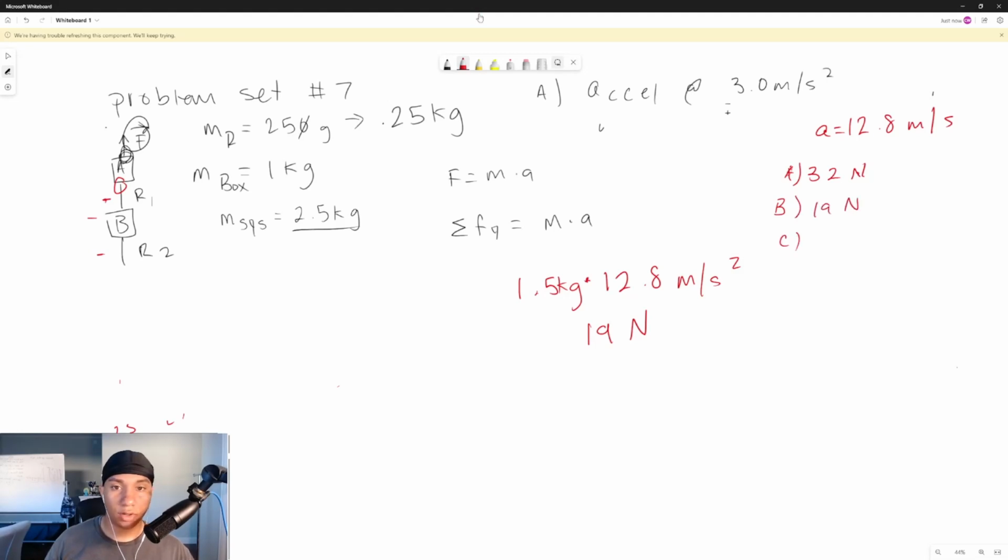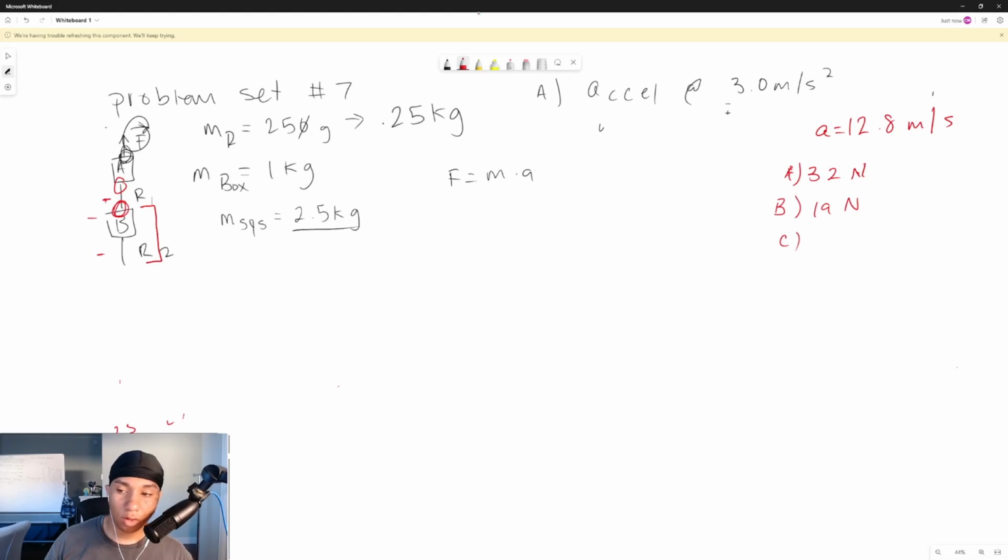For the C part, this is going to be just going down the chain. What is the tension at the bottom of rope 1? This accounts for everything below the bottom of rope 1, of course.